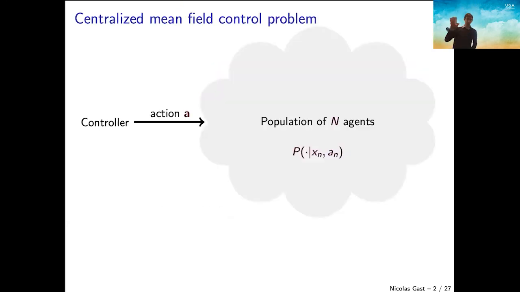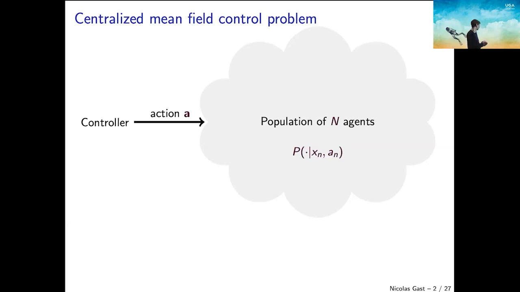Okay, so the basic setting that I'm going to consider is some kind of a centralized mean field control problem, in which I have this sort of population of agents that I put on the right. N agents, they'll be like some small Markov chains, okay? Meaning that they'll have a discrete state and discrete actions.